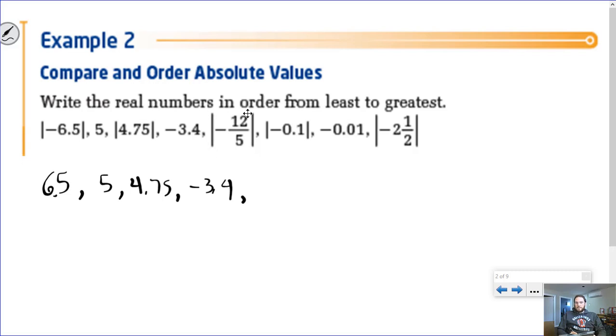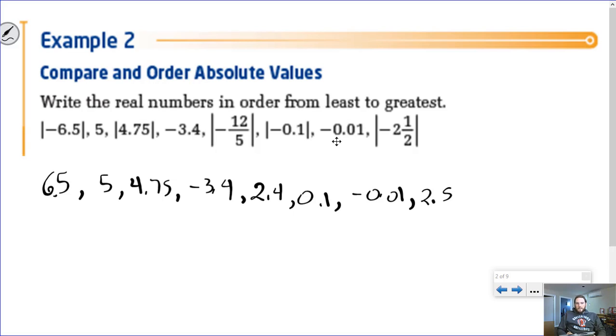So again, the absolute value of this negative number is going to leave us with a positive number. And then if we do 12 divided by 5, we get 2.4. Alright, the absolute value of negative 0.1 is positive 0.1. Then we have negative 0.01. And then finally, the absolute value of this negative number again gives us a positive number, and 2.5 is 2.5.